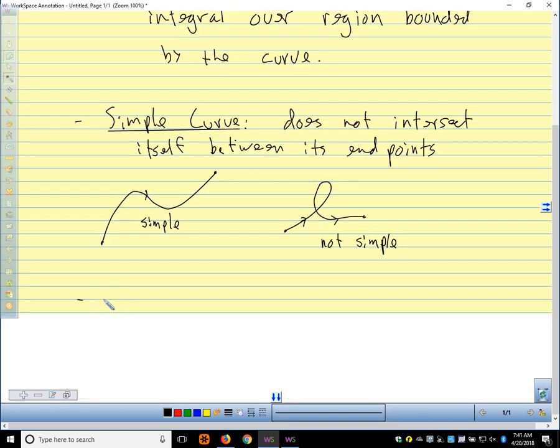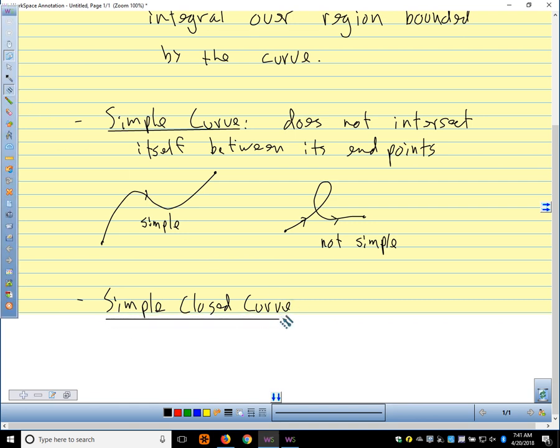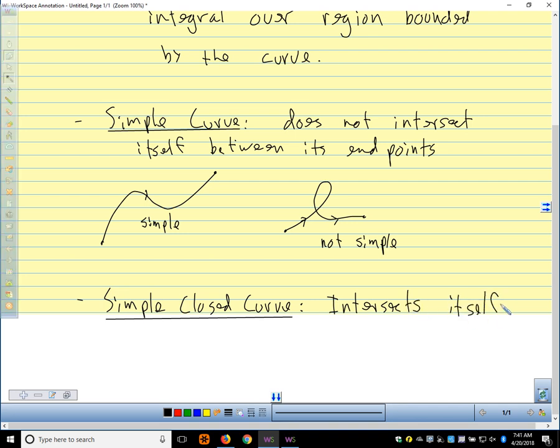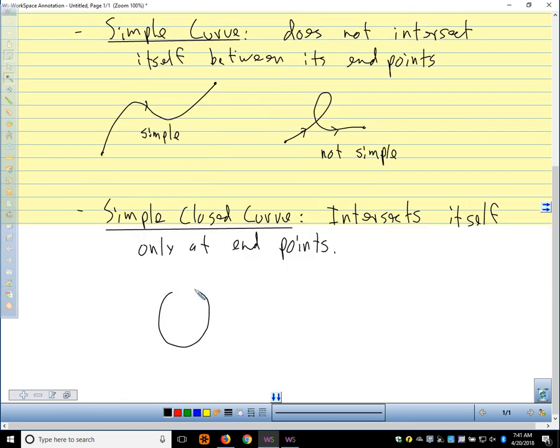A simple closed curve intersects itself only at its endpoints. So this curve going around this way, that would be simple closed.